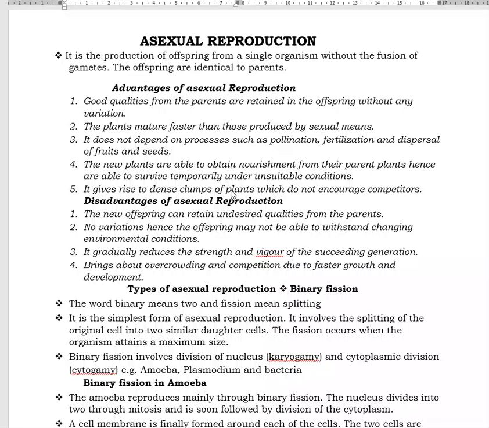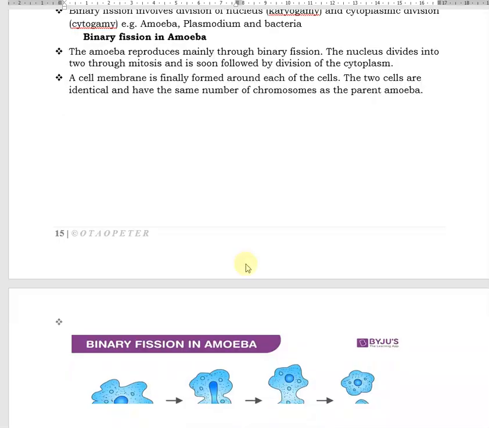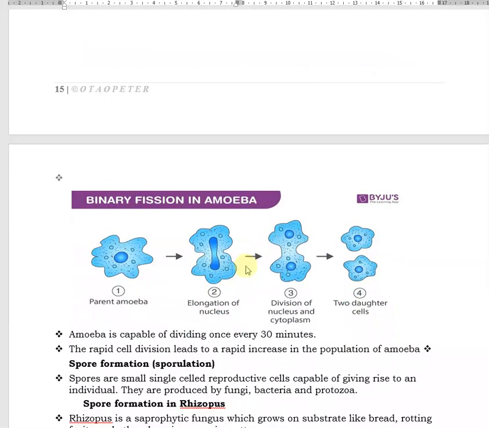You will also know different types of plants which undergo asexual reproduction. So we'll be discussing various asexual reproduction in different organisms.